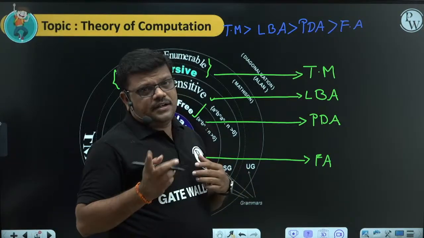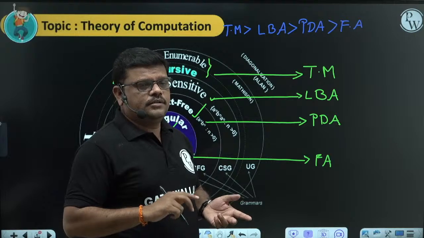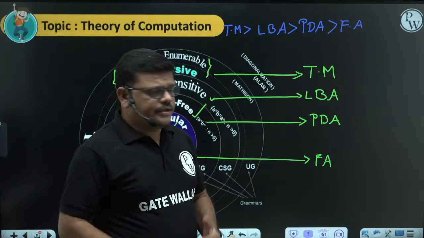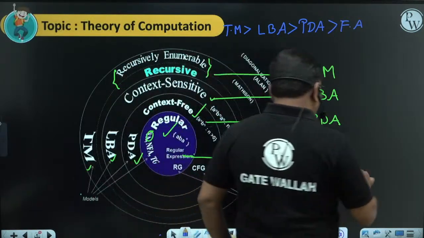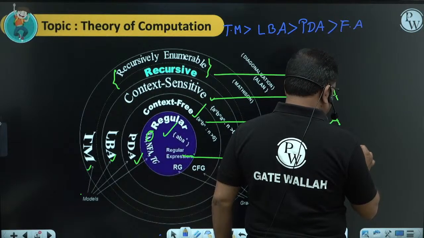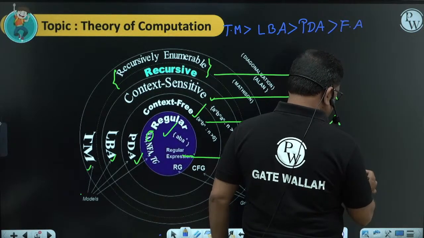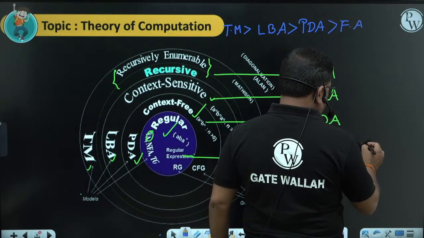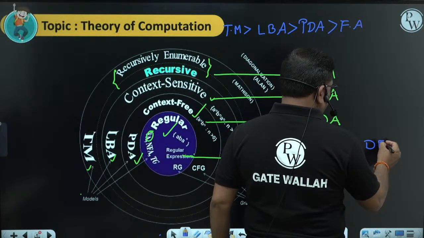In our yesterday's discussion, it was deterministic automata. In future classes, we will discuss non-deterministic automata. So this is called deterministic finite automata.